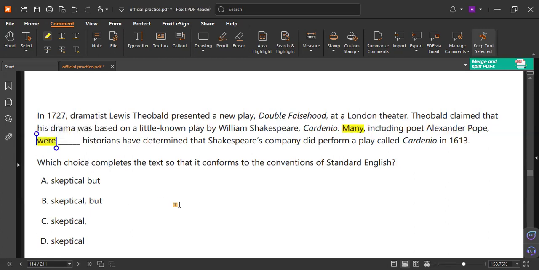So many were skeptical. Yeah, it's correct. Many refers to the scientists, for example, right? Because many is the subject. So it's complete after historians have determined that, and then a complete clause. This means two complete clauses. So we need a comma. When, ask yourself, when should we delete the comma: if the previous clause is a short clause or one of the clauses?